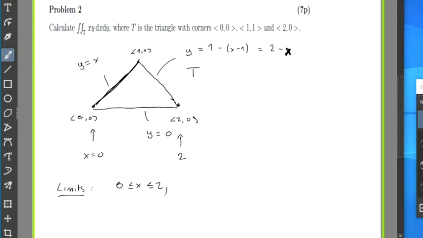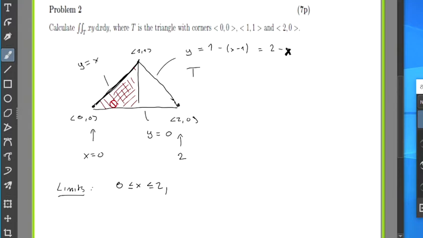And as for the limits for y, they have different expressions depending on where x is. So in the left part of the triangle, I think red is better, sorry. In that part of the triangle, y starts down here.